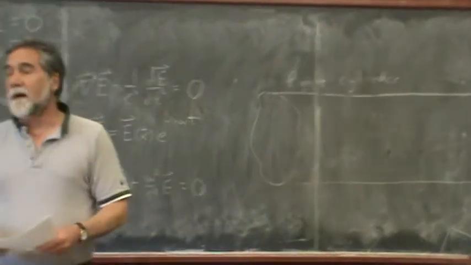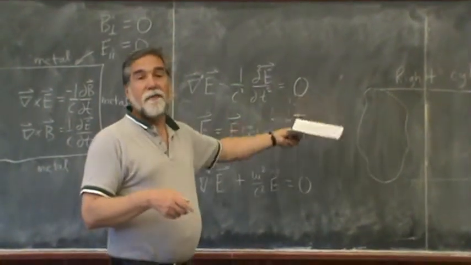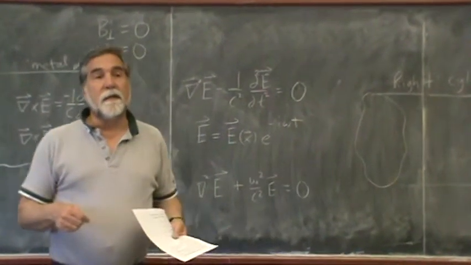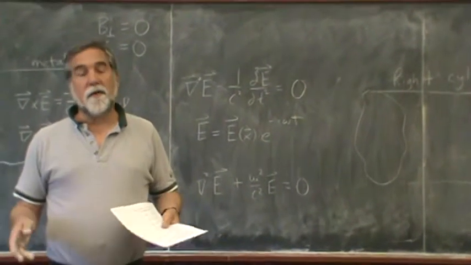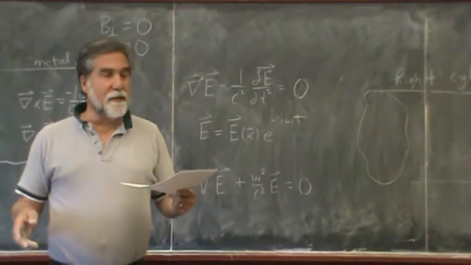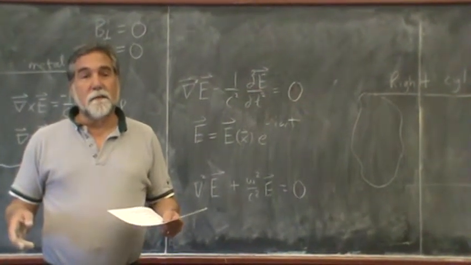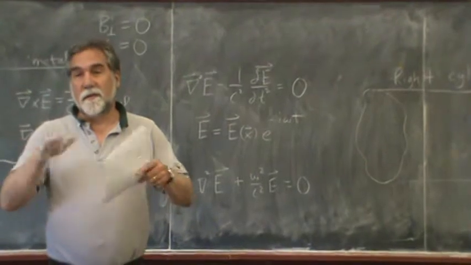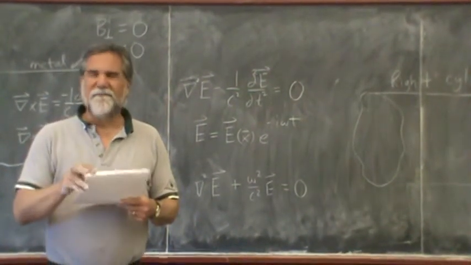But then the next stage that I'm going to take after I've set up the right cylinder problem is to specialize further still and say, let's just talk about, I think I decided to do a right rectangular cylinder, and then we'll do just a rectangular metal box. Right?